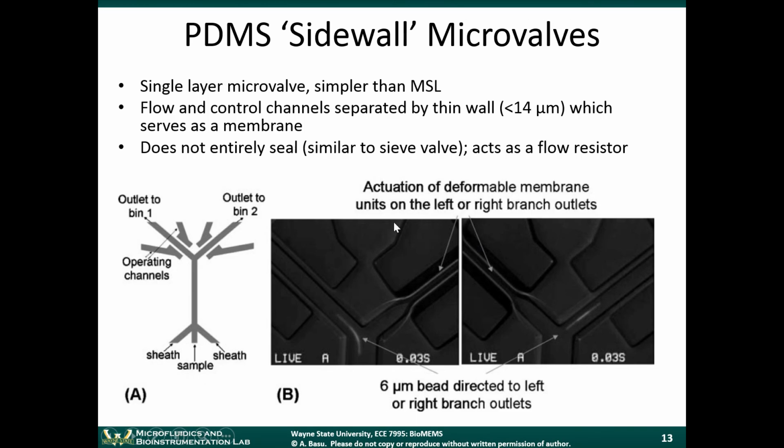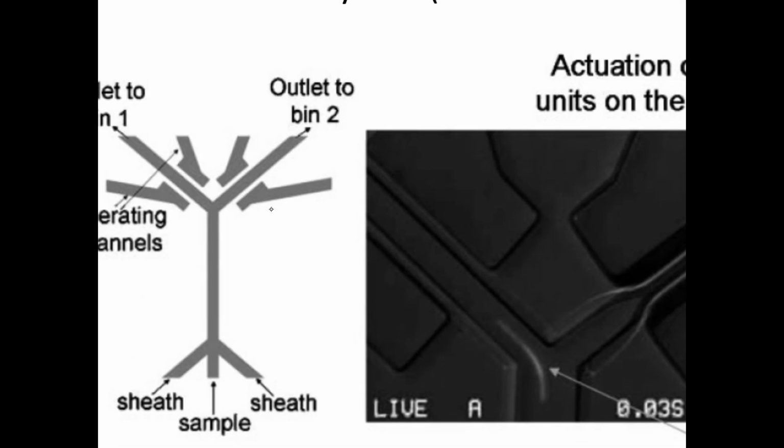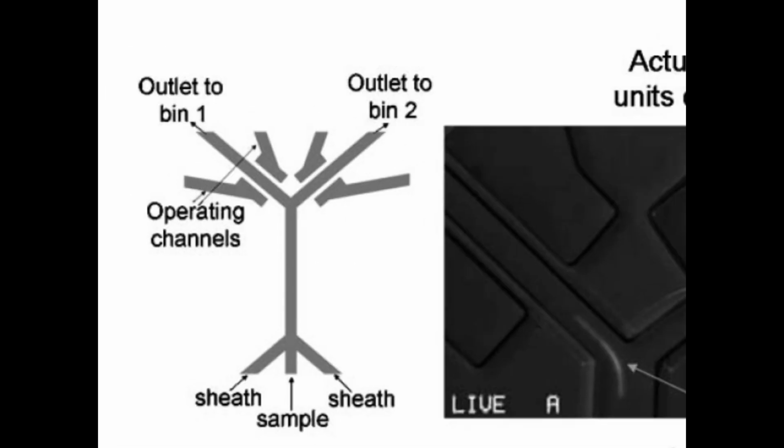All right, another type of valve, which avoids the multi-layer completely, is these sidewall valves. This doesn't require multiple layers. It's sort of easy to see and easy to understand. Imagine these gray regions are all microfluidic channels. Let's say you have something like this, where you have your gas input on the side here, and you have the flow input.